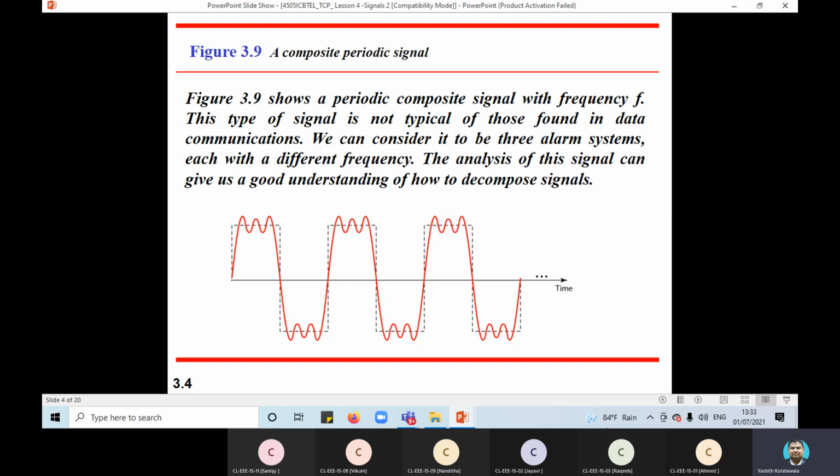How come we can say this signal is periodic? The reason is, you see, here we have a particular shape in the positive domain, right? Then in the next instant, you don't get the same shape in the positive domain, but you get a shape in the negative domain. Then again, right after finishing that pulse, you get a shape similar to the previous one in the positive domain.